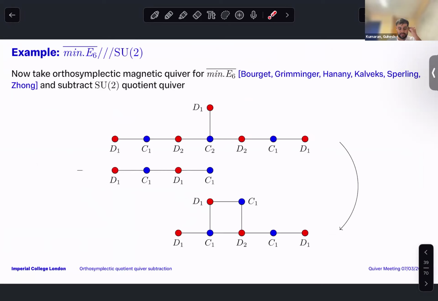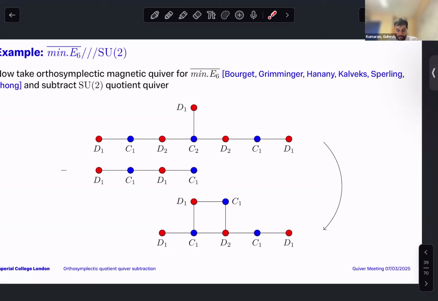Once again, I'll take a magnetic quiver for minimal E6, and I'll subtract this D1, C1, D1, C1. So these get killed. This D2 loses a rank and becomes a D1. This C2 loses a rank and becomes a C1. So both of these guys, this D1 and this D2, need to see one more, so I connect to C1, which joins them up like this.